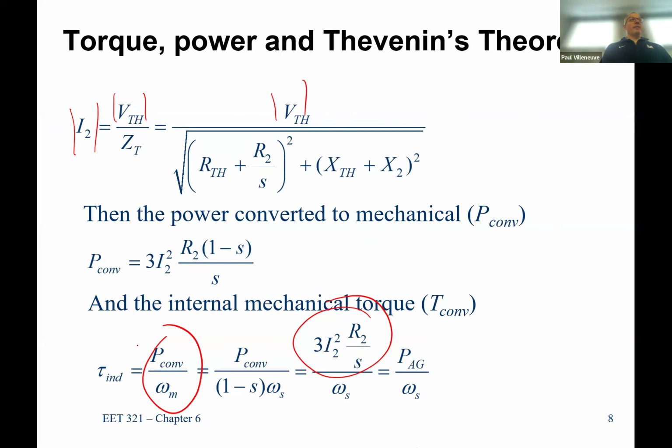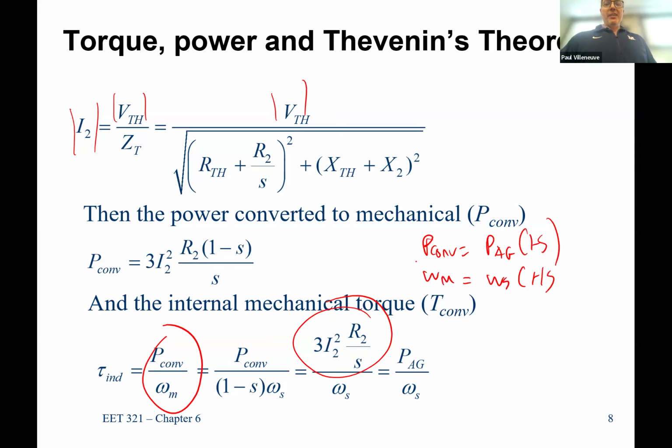It's P converted divided by omega sub m, but what we already said was P converted equals P air gap times 1 minus S. And omega sub m is equal to omega sub sync times 1 minus S. When we divide those two to get the torque, the 1 minus S is divided out.